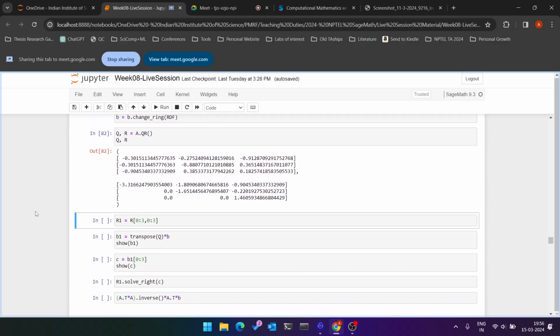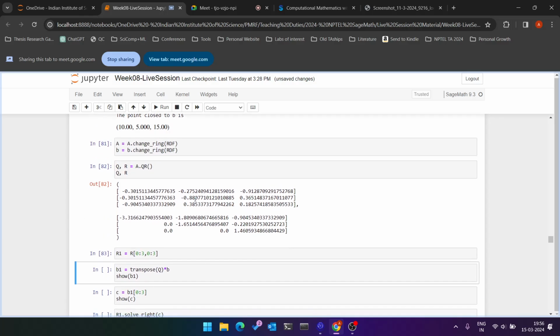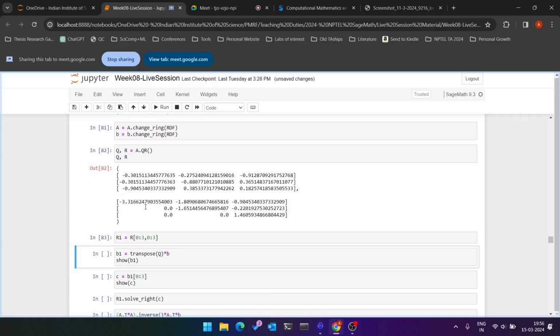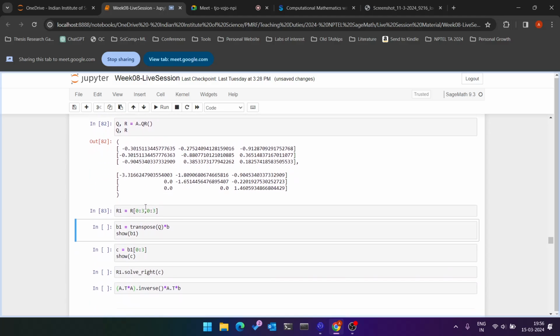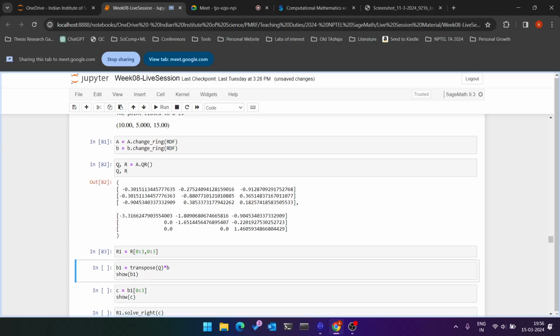Next, if I have to calculate, sorry, R is an upper triangular matrix and Q is an orthogonal matrix. So Q transpose Q is basically I. If I now wish to solve Ax equal to B, I will substitute A equal to QR.